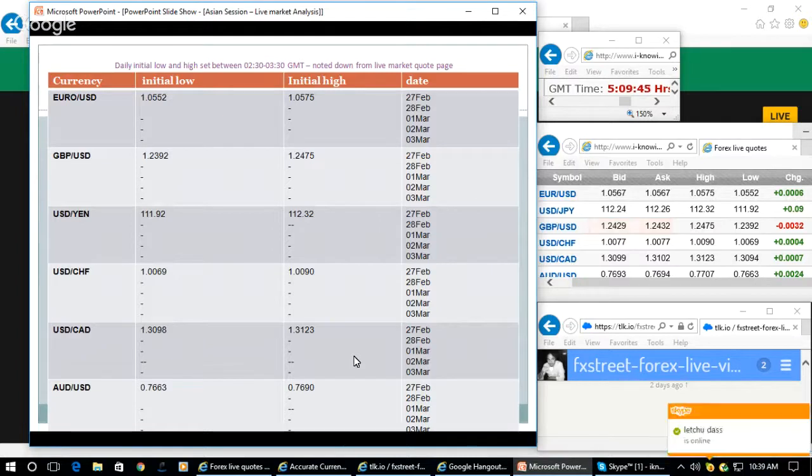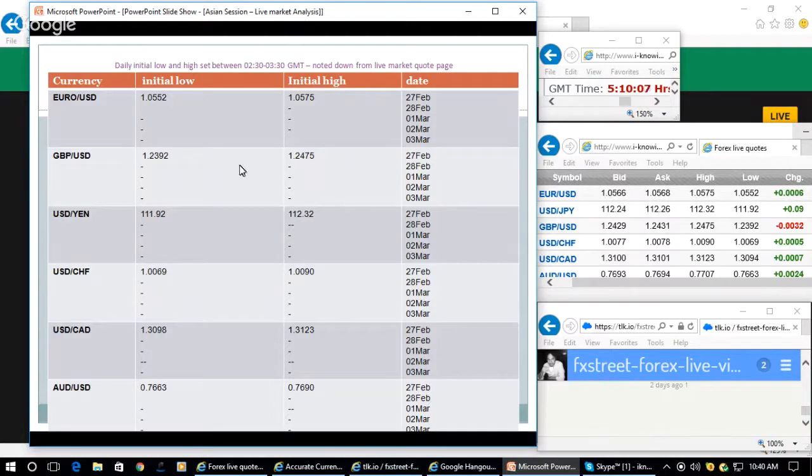Now coming to the market reading, Euro formed the low 1.0552 and 1.0575 is the high. They have not breached the low or the high. It is in the middle level. And in the case of GBP, 1.2392 is the low, 1.2475 is the high.